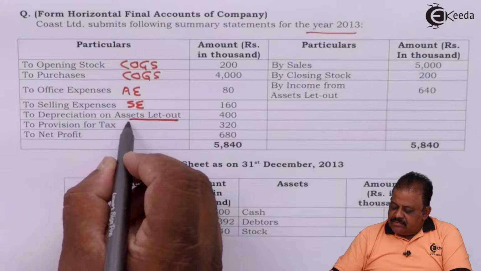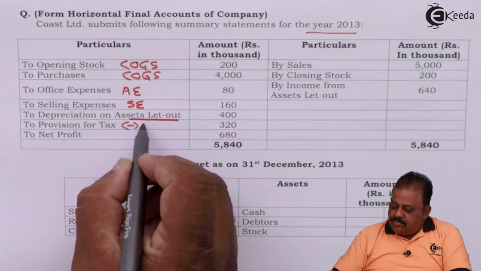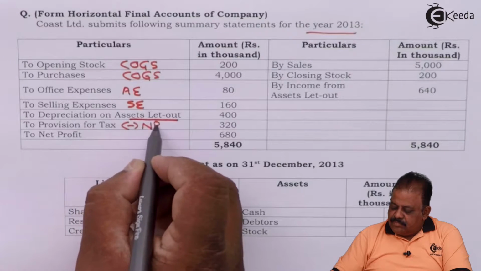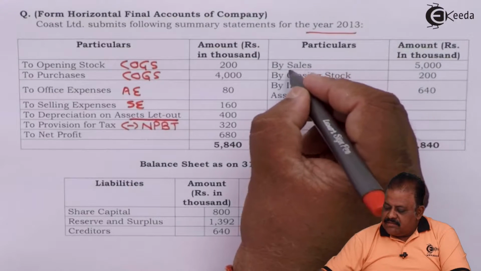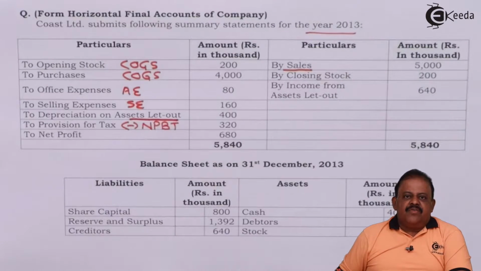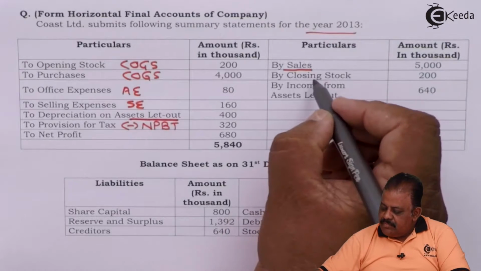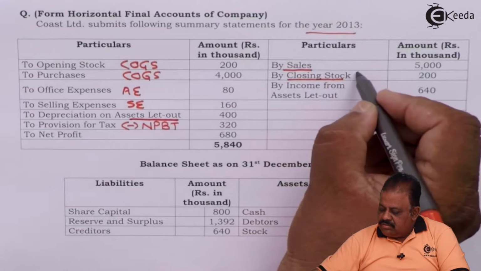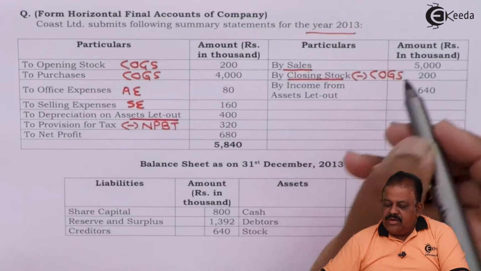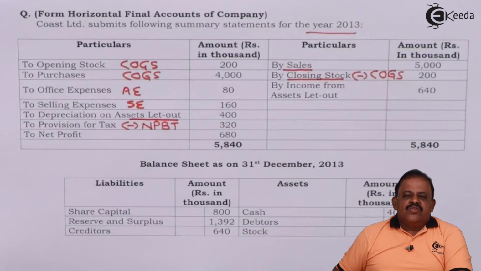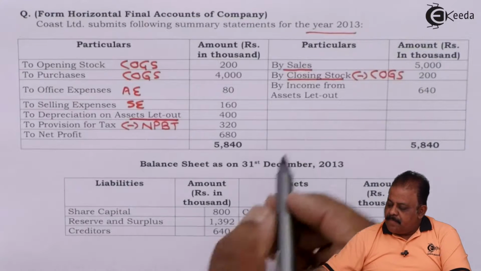Provision for tax will be deducted from net profit before tax. Sales, that will be the first item of income statement. Closing stock: while calculating cost of goods sold, closing stock will be deducted.